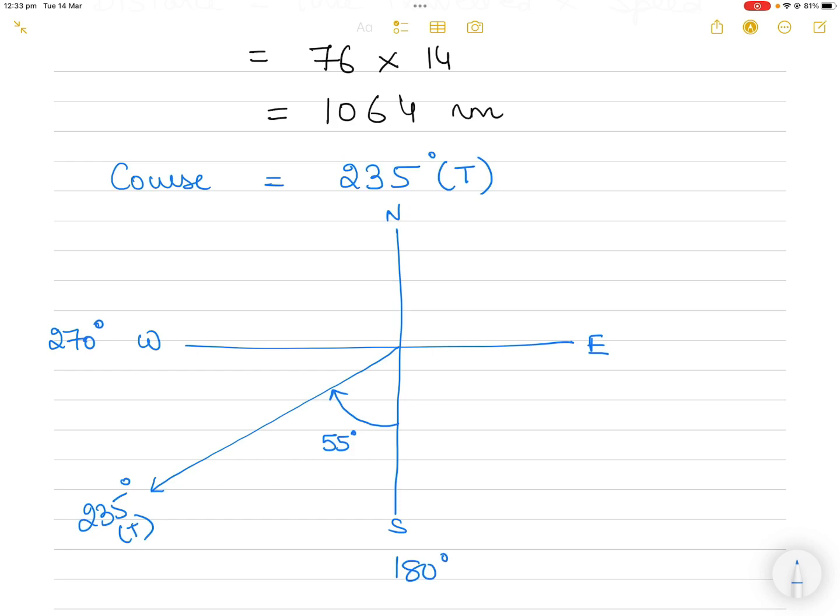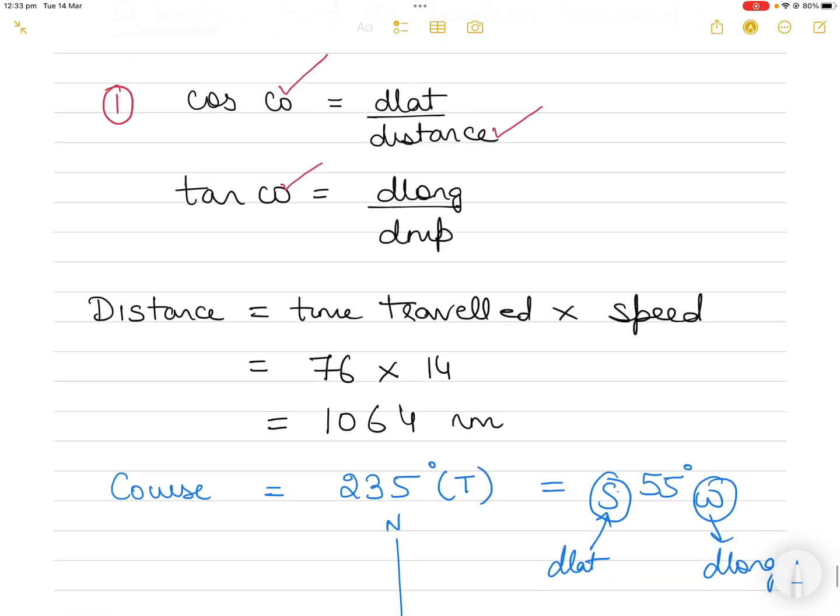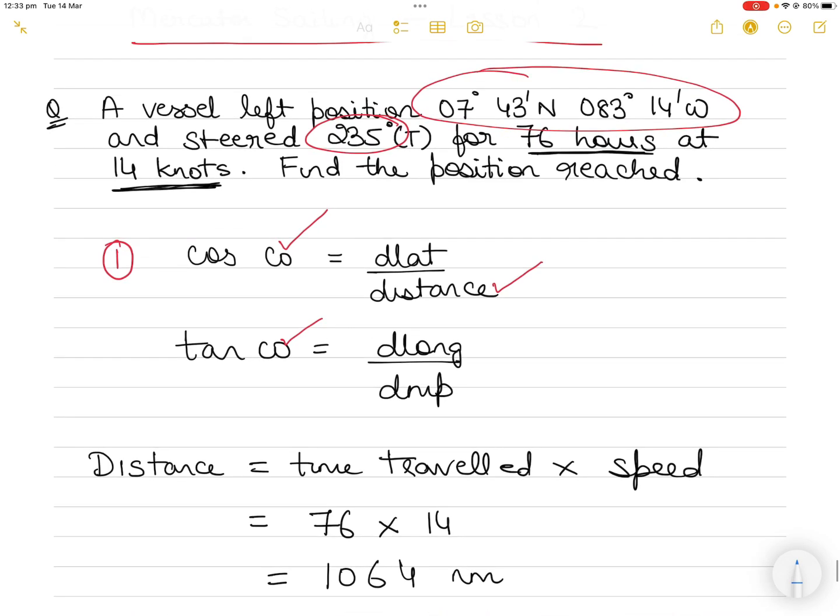If I go 55 degrees from south towards west, I reach 235. So the course of 235 would be south 55 degrees west. How does this help me? Well, this south helps me to name my D-lat, and this west helps me to name my D-long. Every time the course is given to you, put it in a quadrant notation so that you can use that to name your D-lat and D-long.